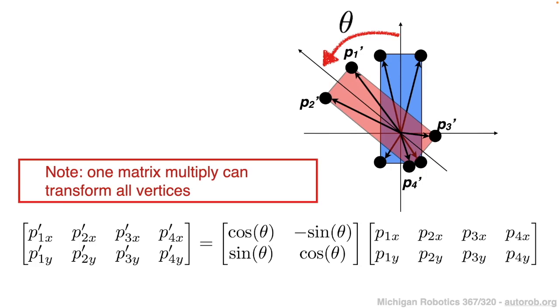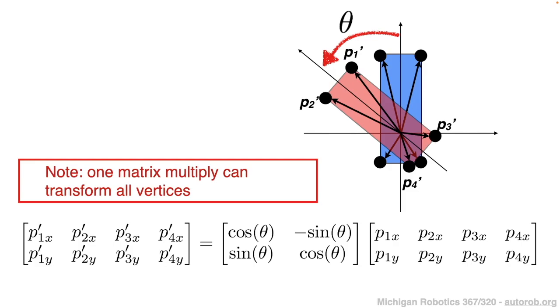So if we expressed each of the vertices of our box geometry as a column of a matrix on the right-hand side, we could then apply our matrix multiply with our rotation matrix to transform all 4 of the vertices in one operation. And this follows just from the definition of matrix multiply that we saw in the linear algebra refresher.